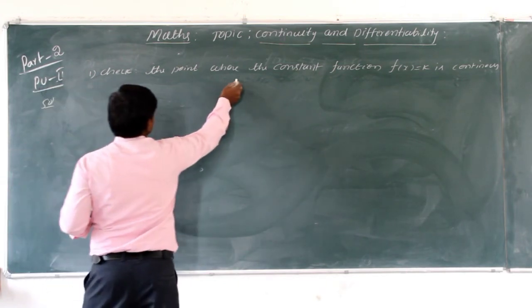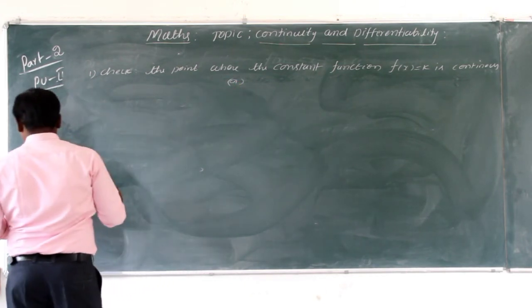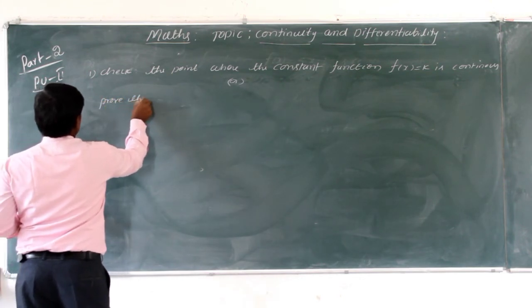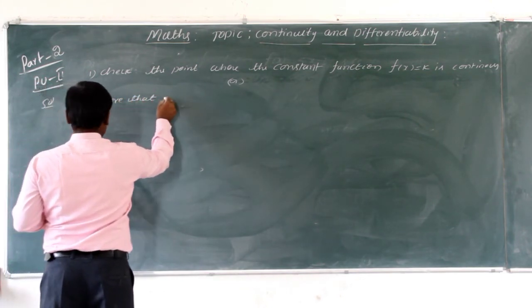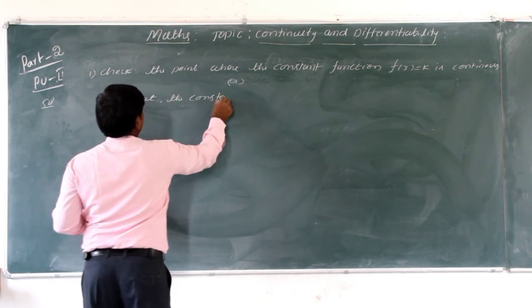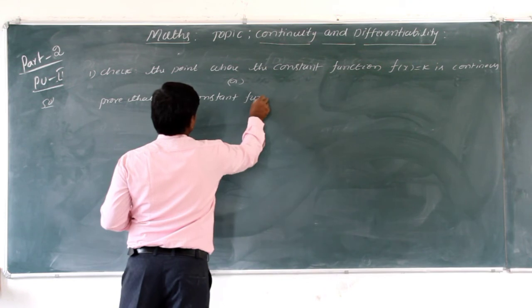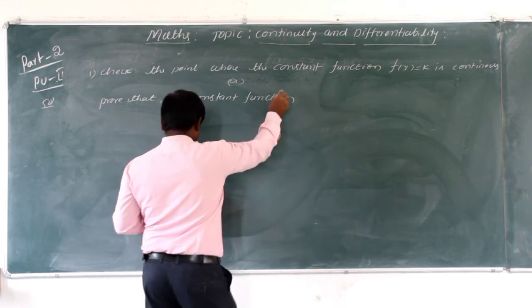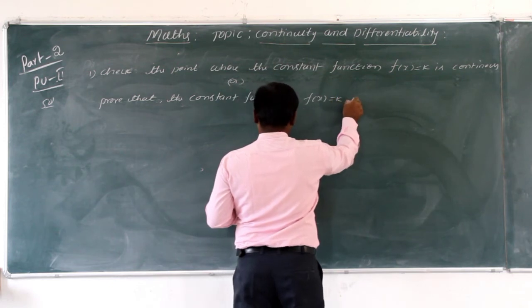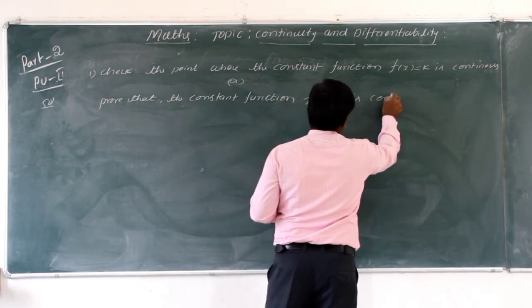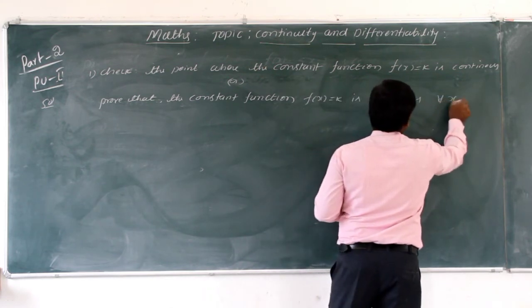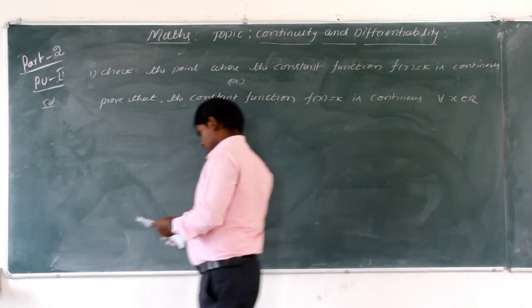Or the question may also ask like that: prove that the constant function f of x is equal to k is continuous for all x belongs to real number.